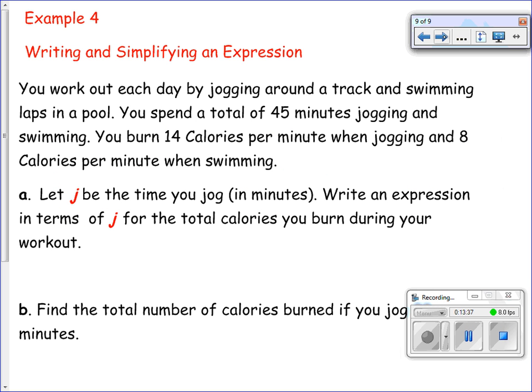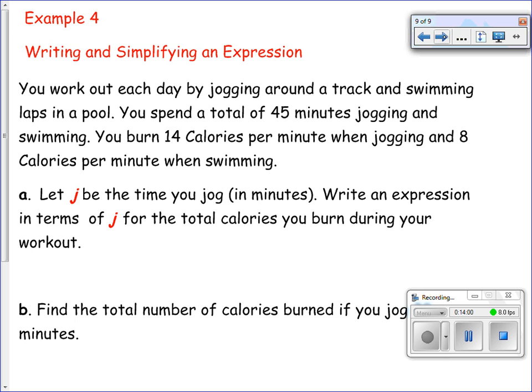In our final example, example 4, writing and simplifying an expression. You work out each day by jogging around a track and swimming laps in a pool. You spend a total of 45 minutes jogging and swimming.